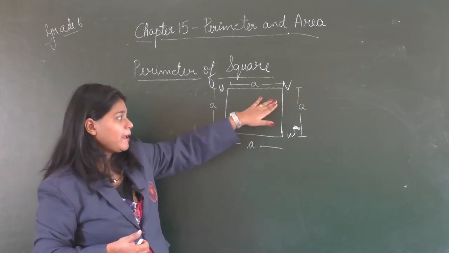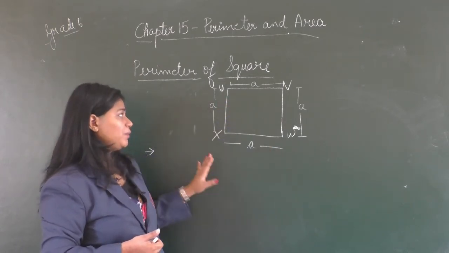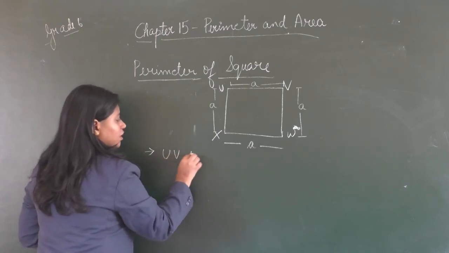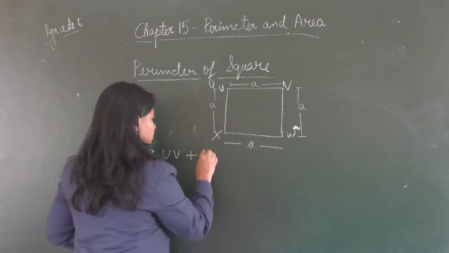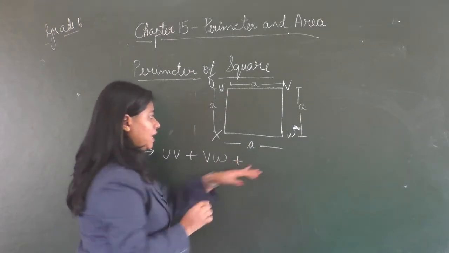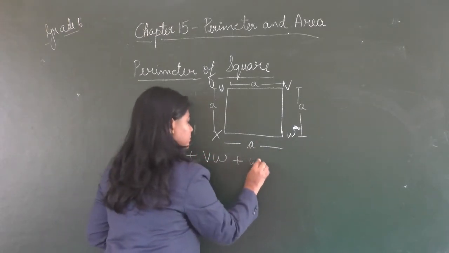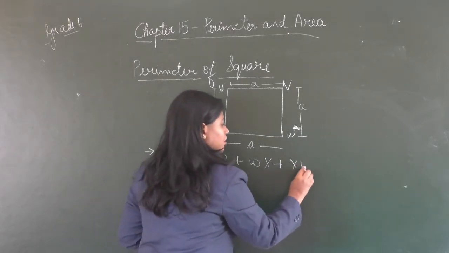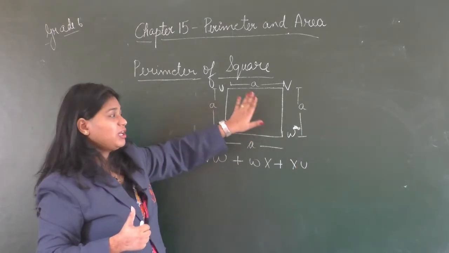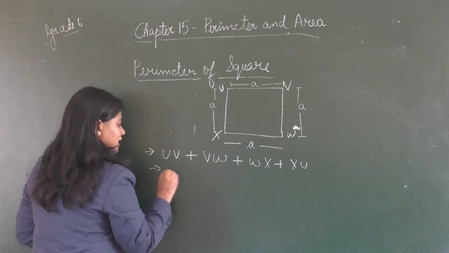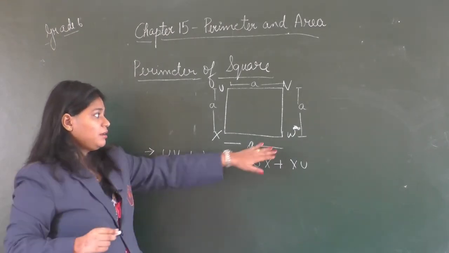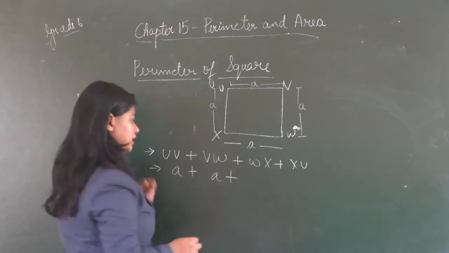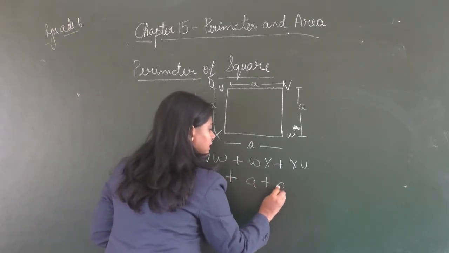So UV plus VW plus WX plus XU. So we will write here UV plus VW plus WX plus XU. Now let's write the measurements given. So that is A plus A plus A plus A, right?